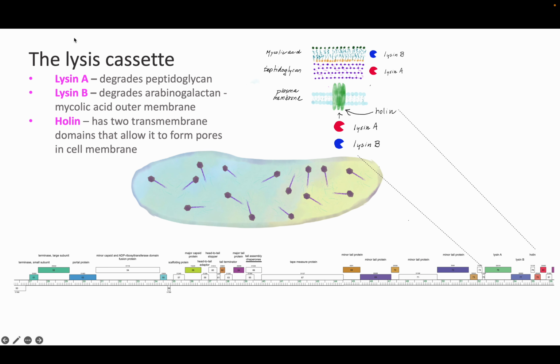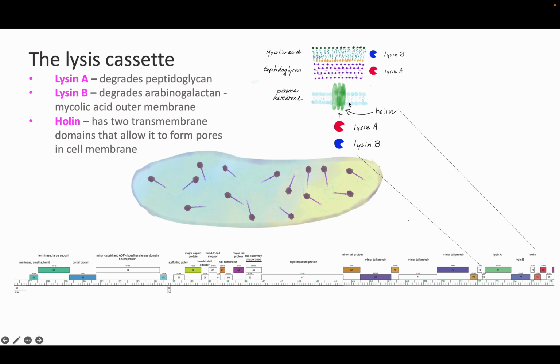So let's talk about the lysis cassette. There are 3 genes that we will find in mycobacteriophages. And there's a little caveat here for those of you studying Corynebacterium phages. As you know, mycobacterium has 3 layers of the cell. It has a cell membrane, then a peptidoglycan, followed by the outer membrane, which is made up of mycolic acids.